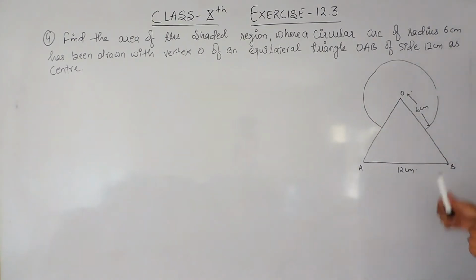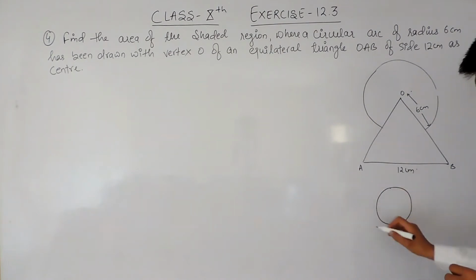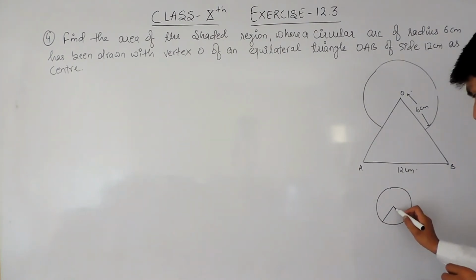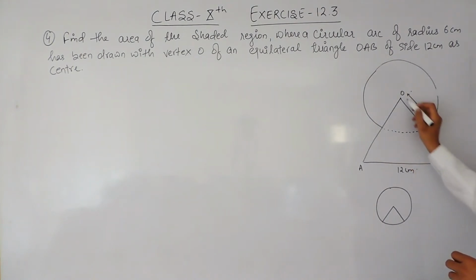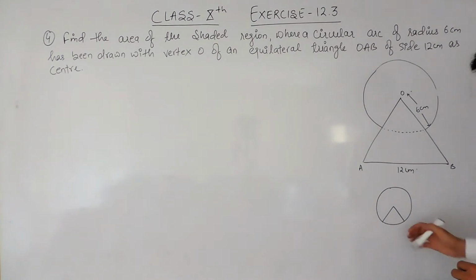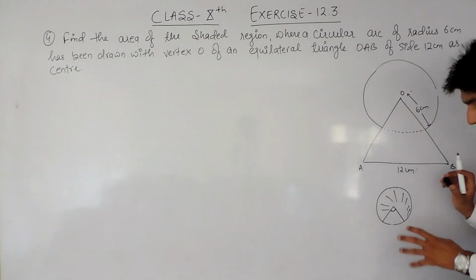If you look at this figure closely, this is the circle and this is this portion. This has already been calculated, so only I have to find the area of this portion, and obviously this is the major sector, which is the portion of a circle divided by the radii.